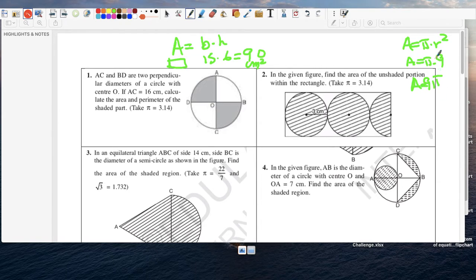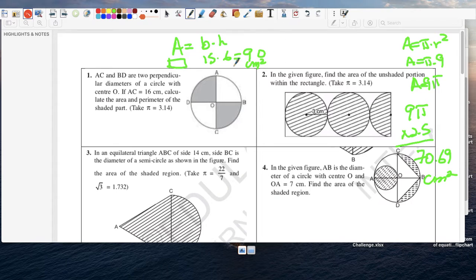We're going to multiply that by 2.5 because there's 2.5 circles. So in your calculator you can just write 9 times pi times 2.5, and our final answer is 70.69, rounded, centimeters squared.